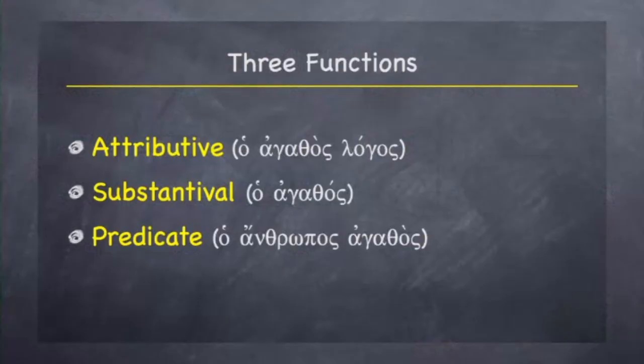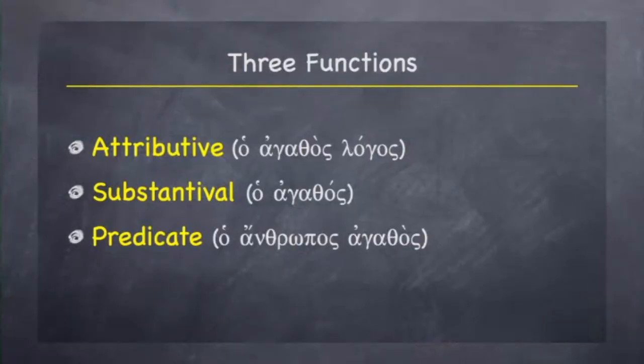Well, it agrees, doesn't it? The article agrees with the noun it modifies in case, number, and gender. And in the same way with adjectives, an adjective functioning as an attributive adjective is going to agree with the noun it modifies in case, number, and gender. Straightforward, right? Kind of common sense.